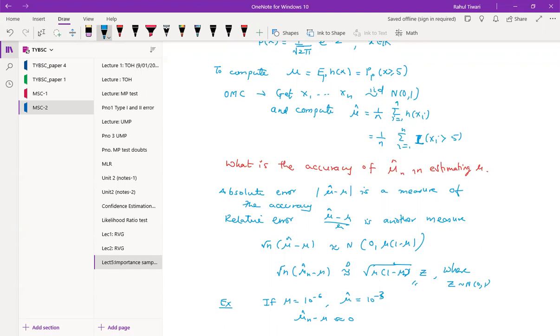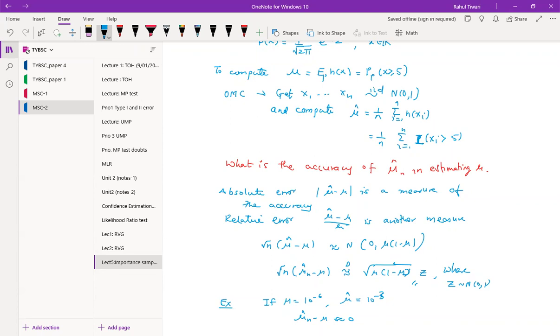Just calculate using a calculator. Is it approximately 0? Minus 9.99 into 10 raised to minus 4. So can we say it is approximately 0? Yes.